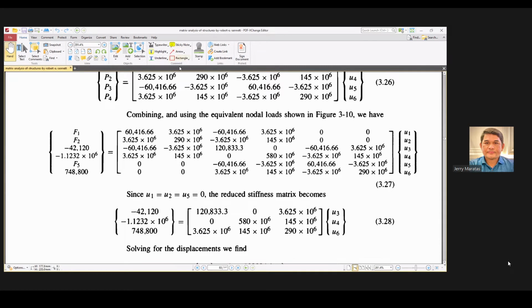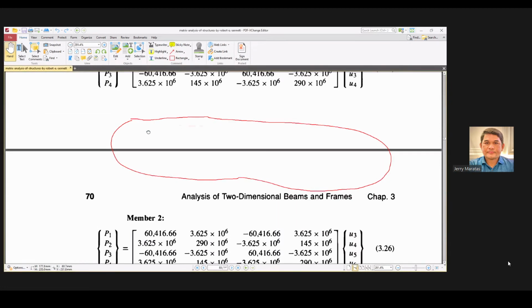Okay. So this is now our force displacement relationship for the entire system, also for the entire structure. After that, you have to reduce the stiffness matrix by simply applying the boundary conditions. So may mga boundaries na ito karon, let's go back to the structure, no?